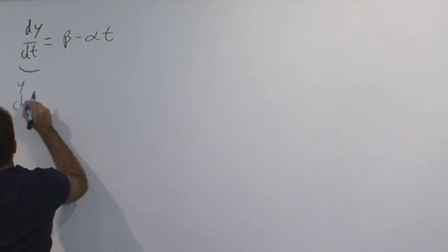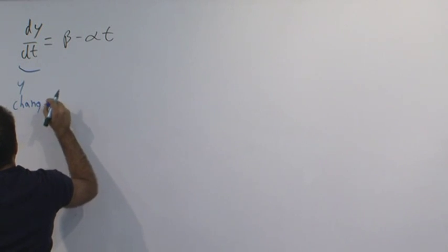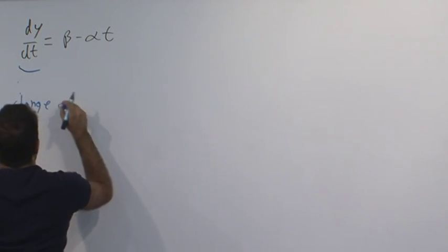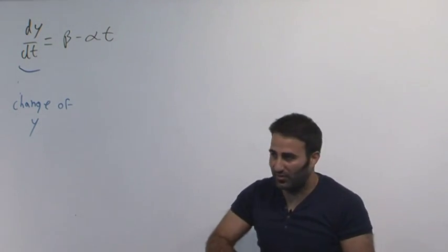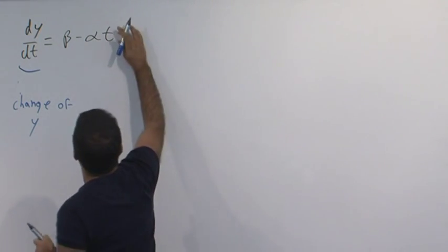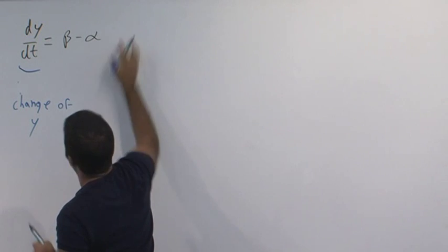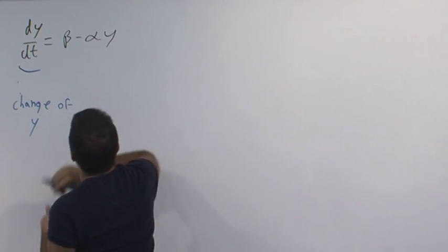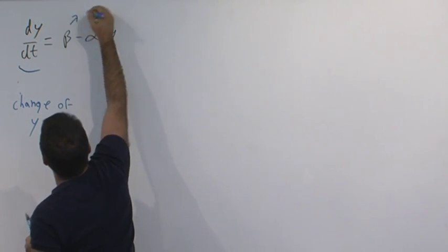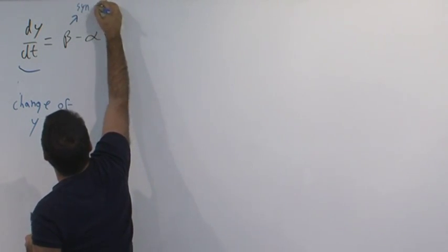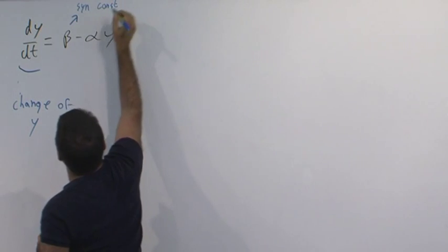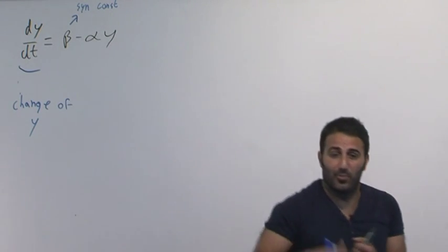It changes by a constant beta, which is the synthesis constant, which means how fast we build the protein.